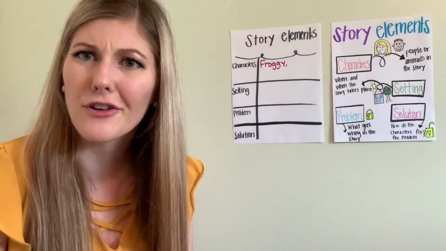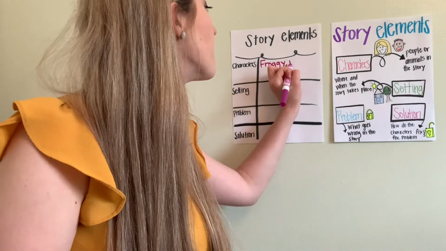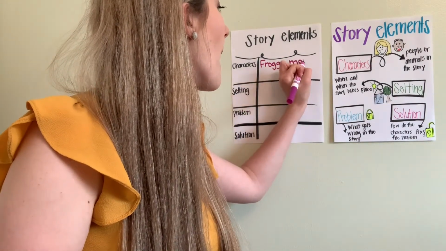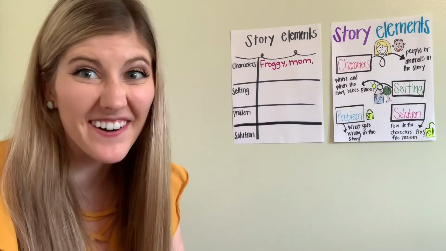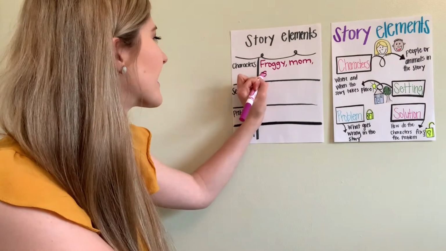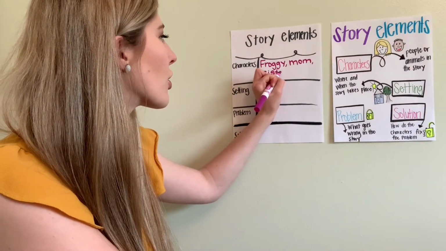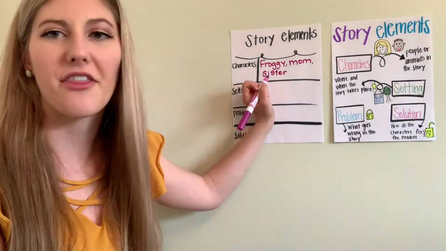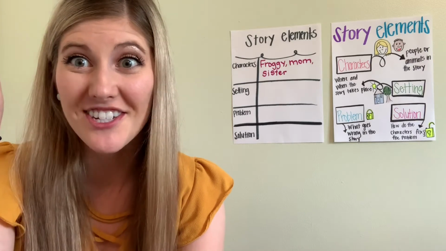Who are some of the other characters? Froggy's mom. I'm gonna put mom. And then Froggy's sister. I'll put sister. Let's sound it out. ER go together to make the sound. So we have characters. Check.